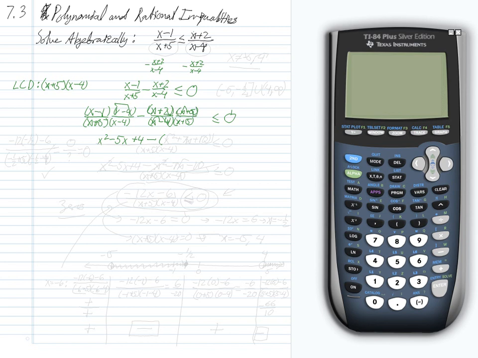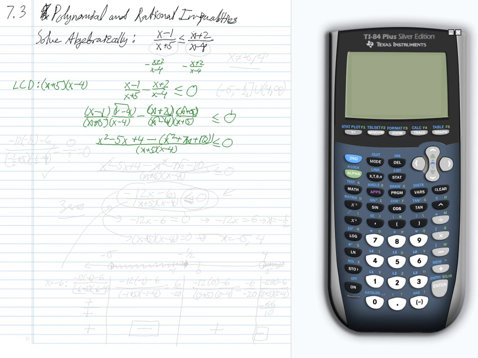So if I FOIL those, I'll get x squared, 5x and 2x gives me 7x, and 2 times 5 gives me 10. Now all of this is divided by my now common denominator, and I think I'll keep it factored for now. x plus 5, x minus 4.